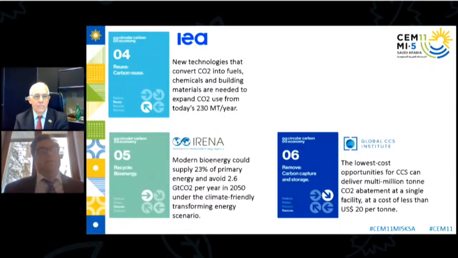The IEA has also written a report on reuse or carbon reuse or utilization. IRENA as well has written another report on recycle, bioenergy. And the Global CCS Institute has written on remove, focusing on carbon capture and storage.